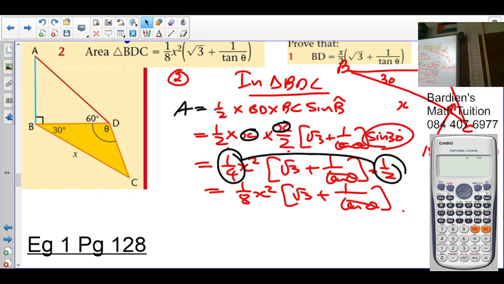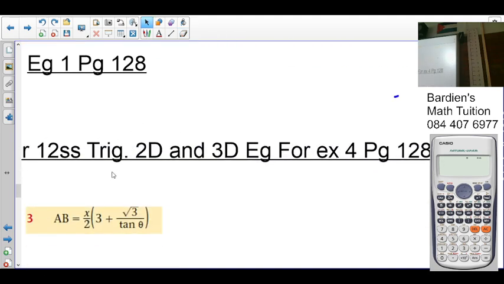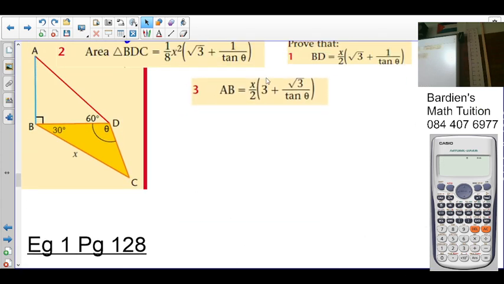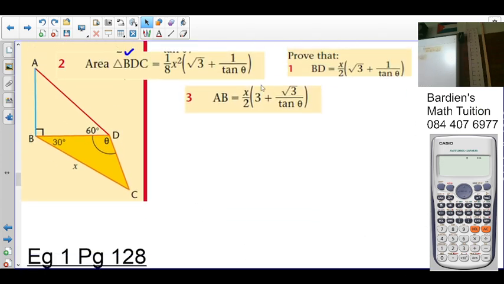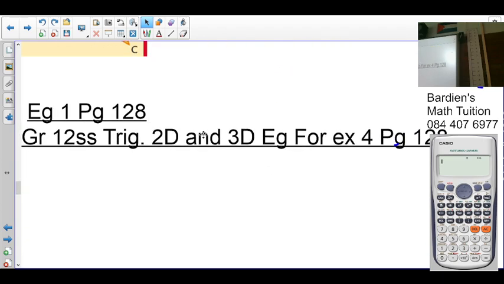Right, so let's look at what question 3 entails. Remember that we got the area of this. Let's go with the last one, number 3. In number 3, we are asked to show that AB is equal to this.